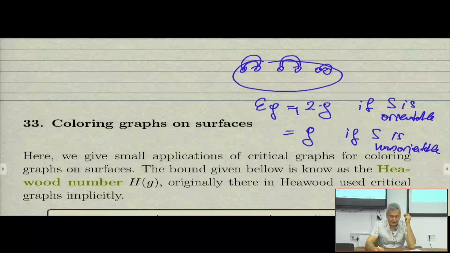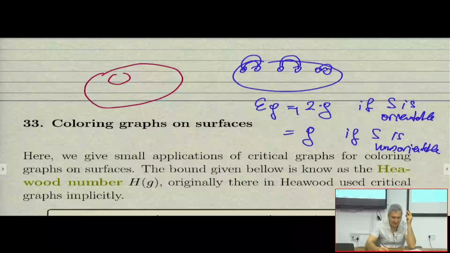Now, if we have non-orientable surfaces, we have a sphere, and we cut it here and glue a Mobius band, or identify opposite points, it is one cross cap. So with one cross cap, the projective plane as a non-orientable surface has genus 1.